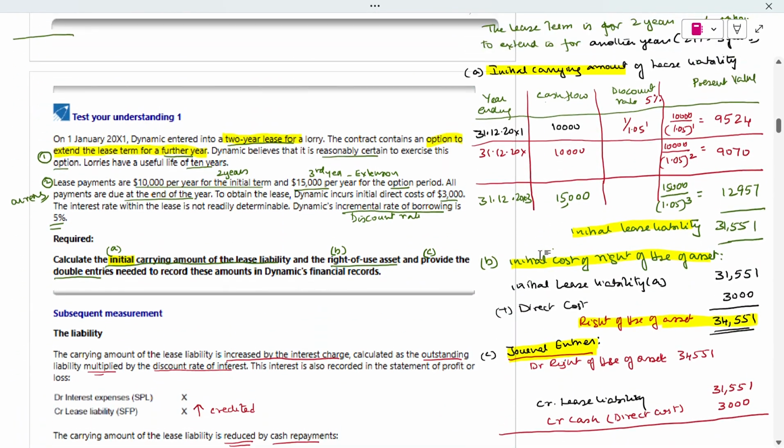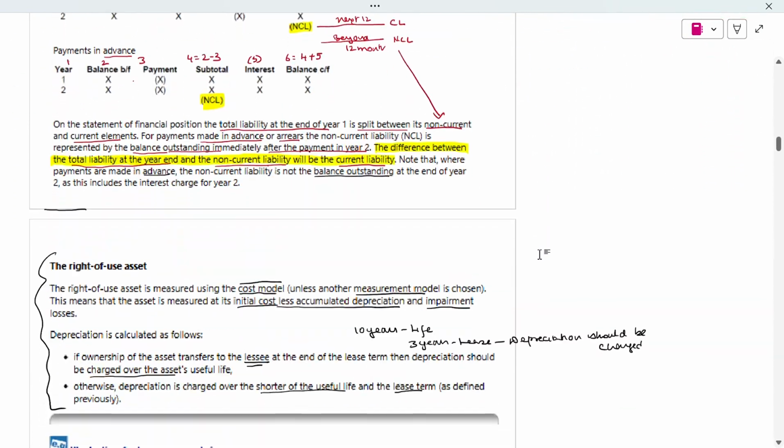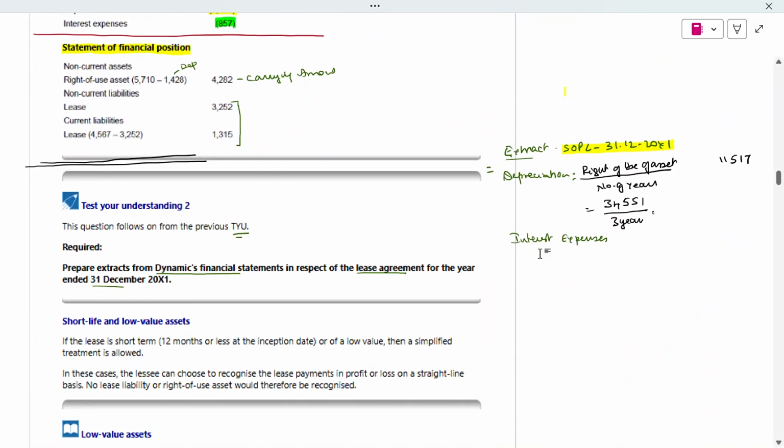We have not calculated the lease liability. Is it the initial lease liability? Okay, initial lease liability.